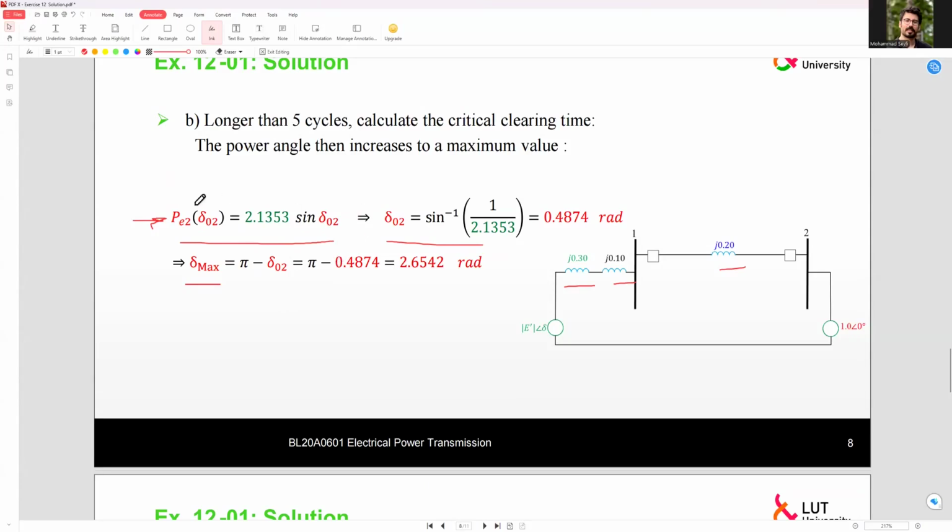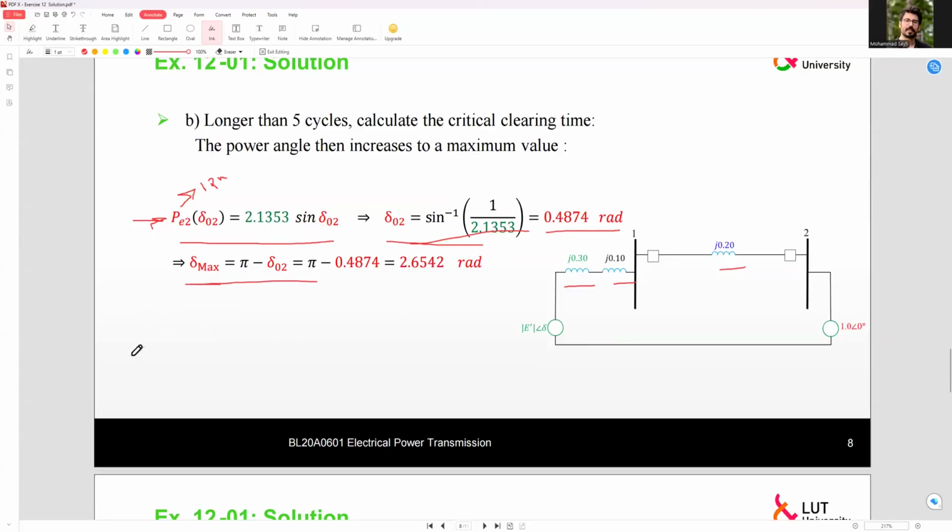The only thing is that in a steady state PE2 is equal to 1 per unit, then we can calculate the delta 02 easily using this formula. And then it would be equal to 0.4874 radian. And then delta max can be equal to pi minus delta 02.